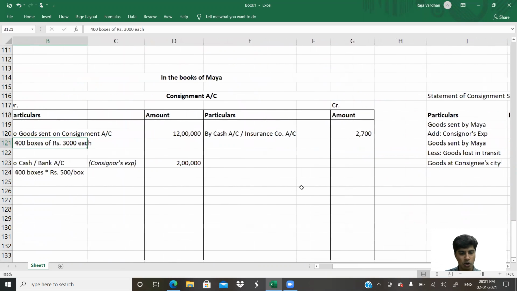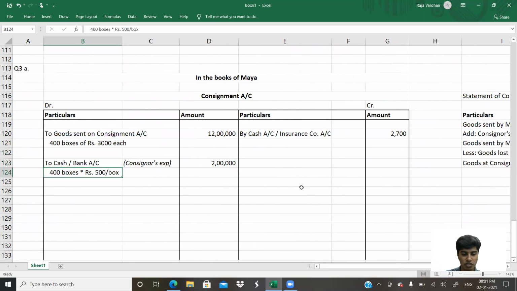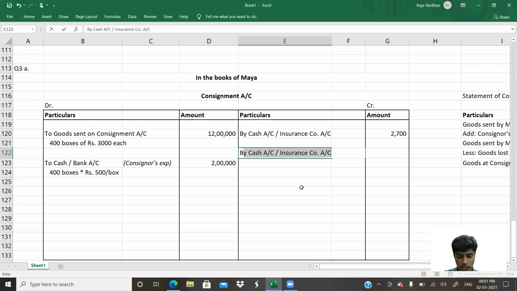But against that box, you have already written 3,000 plus 500. 3,500 is the value here. But 2,700 is what you have written here. There is an amount of loss. So where would it get transferred to? That gets transferred to P&L account by P&L account. What is it? It is loss on box.